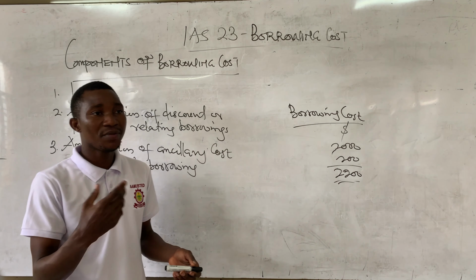Some businesses will issue bonds, other businesses will issue debentures, and the finance cost in relation to the issuing of this bond or debenture is what we call ancillary cost. An example of this ancillary cost is what we call issuance cost. And this issuance cost could be a legal fee or audit fees.